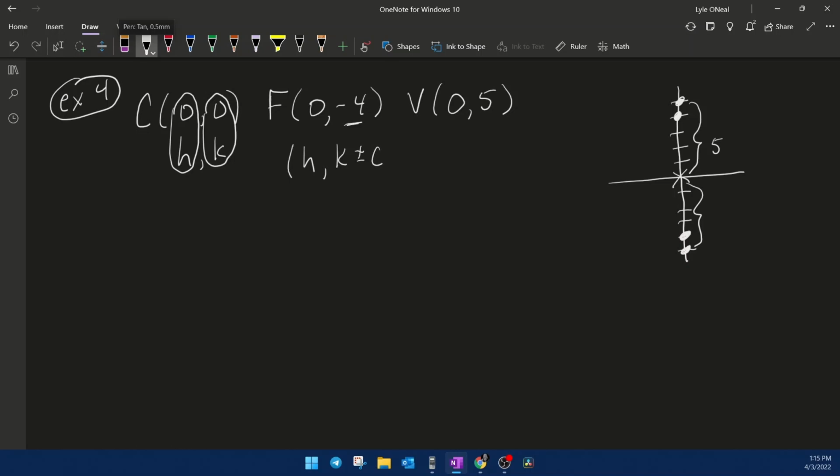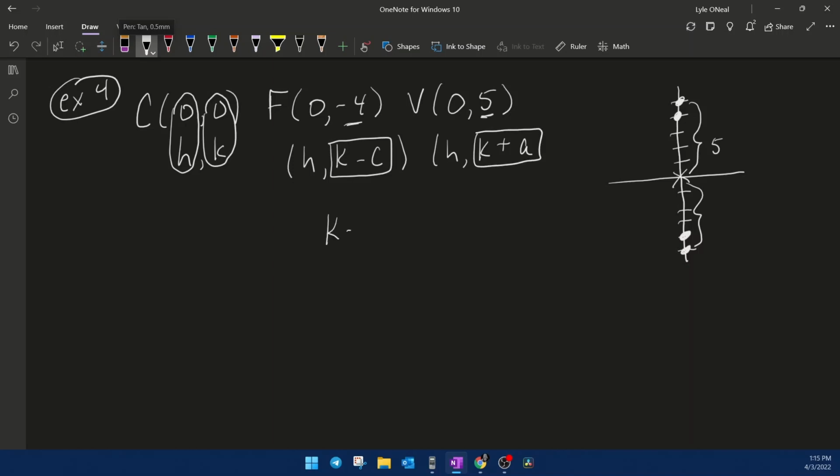And since this y-coordinate is negative, that indicates that this coordinate came from the k minus c. Also for the vertex, that is h comma k plus or minus a.